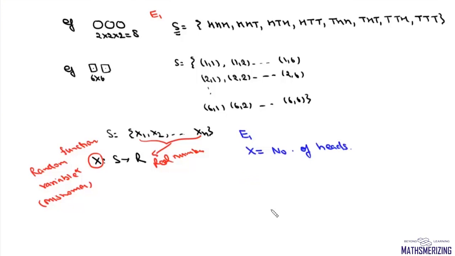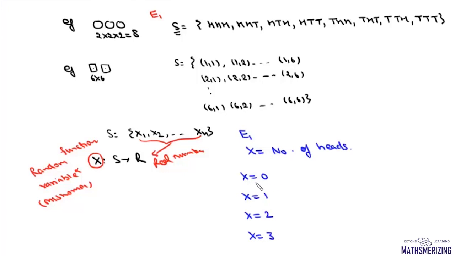Now since we are tossing 3 coins, it can have either 0 head, 1 head, 2 heads or 3 heads. So in this case, this function X, which we call random variable, will take 4 values. So X can be 0, which is the case of no head. X could be 1, X could be 2, or X could be 3.